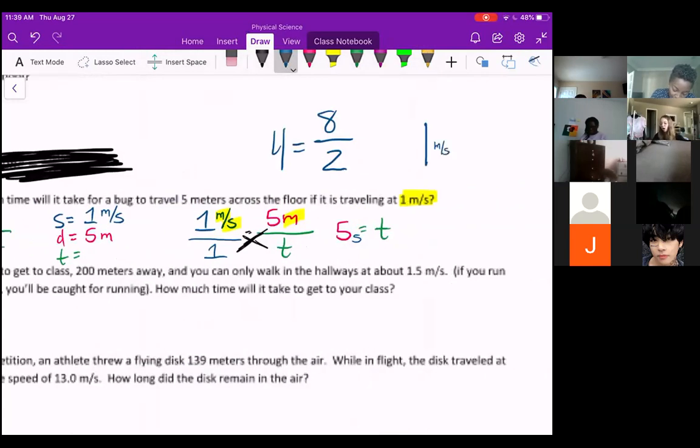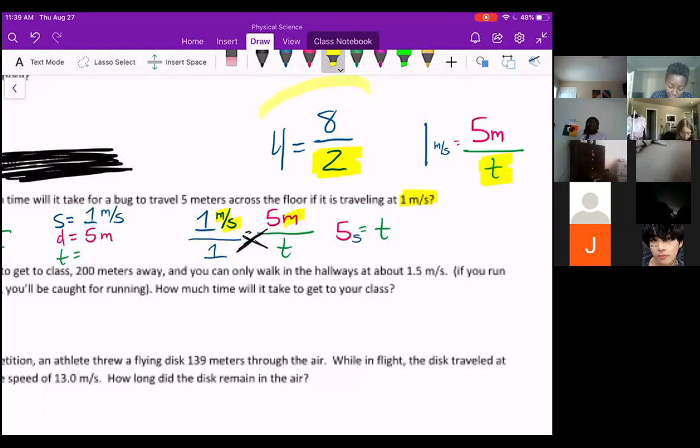And then it was equal to 5 meters over T. That's what we had earlier before I cross multiply. Everybody agree with that? Okay. This is what we were looking for, right? This is in the same spot as this 2. How would I get this 2 right here?